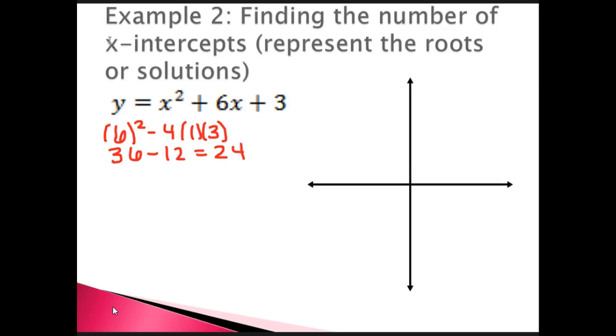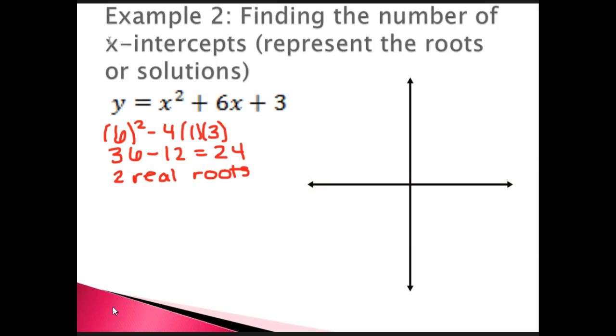So a positive discriminant tells you you have two real roots. That means we're going to cross this line here twice. So it's going to cross the x-axis when we graph it twice.